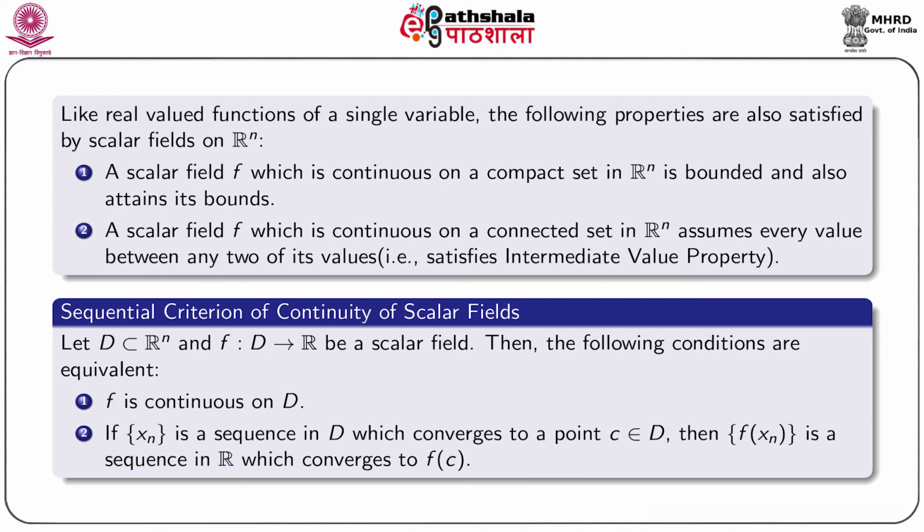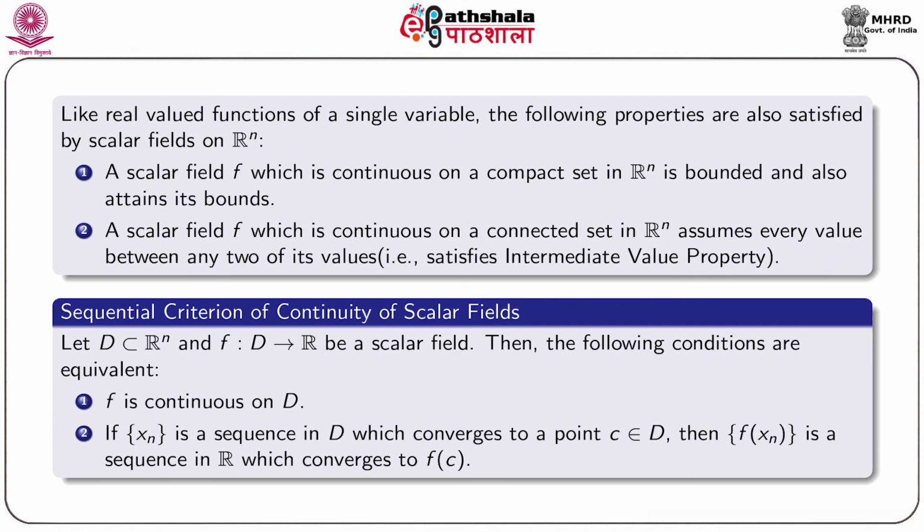Like real valued functions of a single real variable, the following properties are also satisfied by scalar fields of R^n. First one, if a scalar field f is continuous on a compact set in R^n, then it is bounded and also attains its bounds.